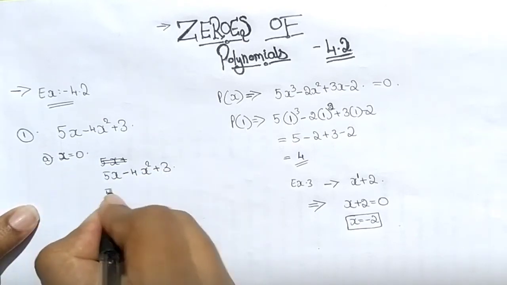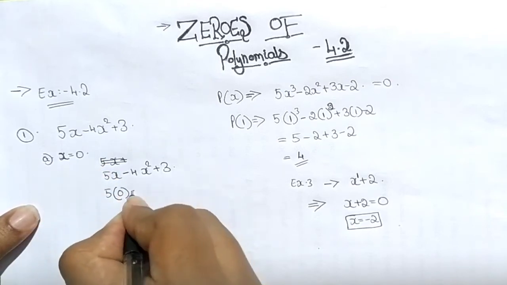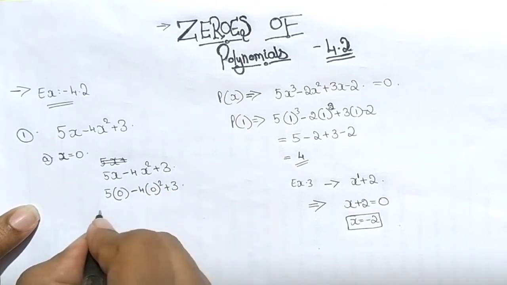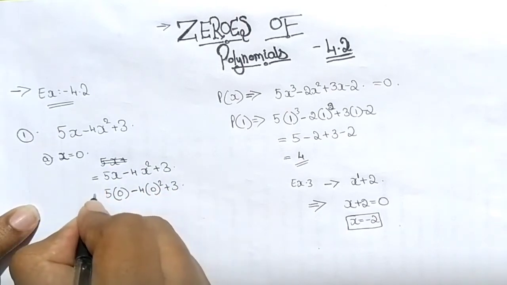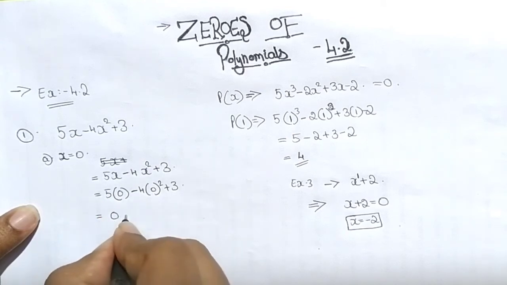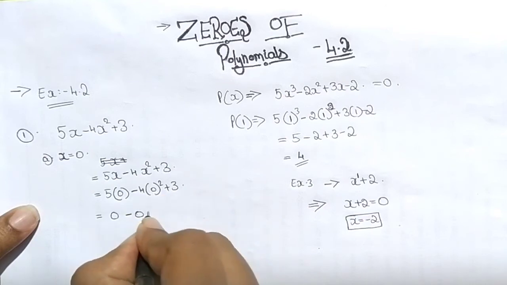Substitute 0 in the place of x because they have given us 0: 5 into 0 minus 4 into 0 square plus 3. Multiplying any number with 0 gives us 0 only. 5 zeros are 0, minus 4 into 0 square is 0, plus 3.